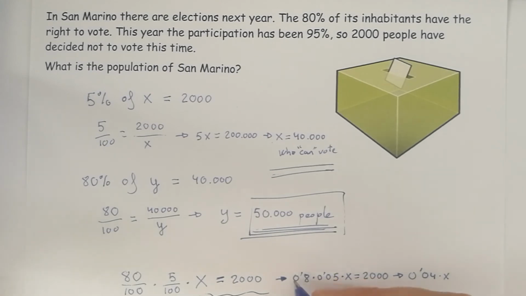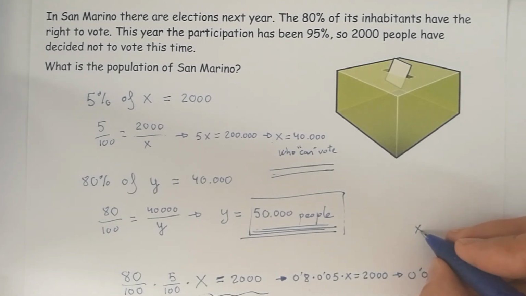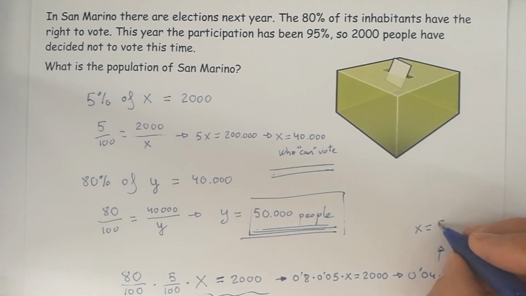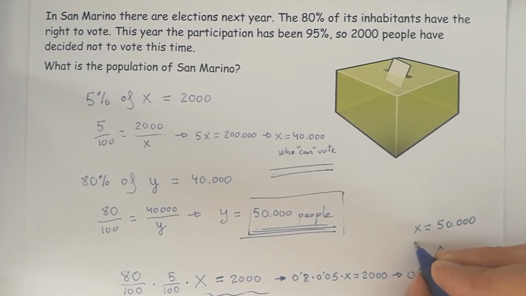So both percentages together make like a 4% of the total population, that is 2,000 people. The last step is just dividing both sides of the equation by 0.04, and we get the same result, of course, 50,000 people.